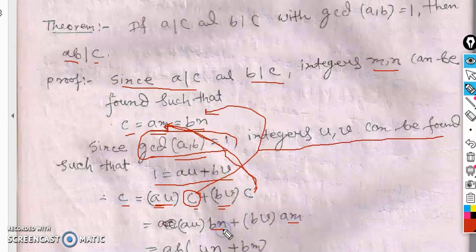The question is why we write in this particular format: because you have to prove that ab is a divisor of c. That means you have to take common ab with some integer. If we can prove that c can be expressed as ab into an integer, then we say that ab is a divisor of c. Exactly for that reason, we use this particular trick.